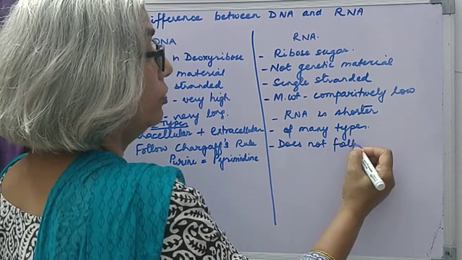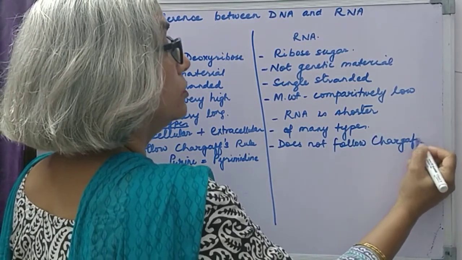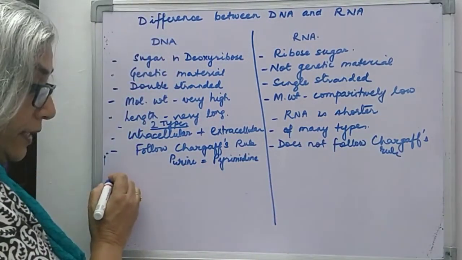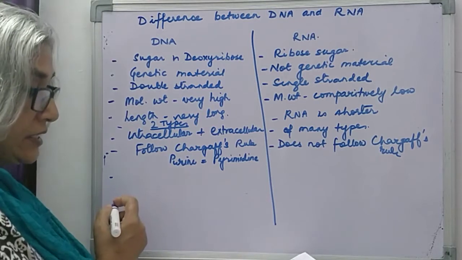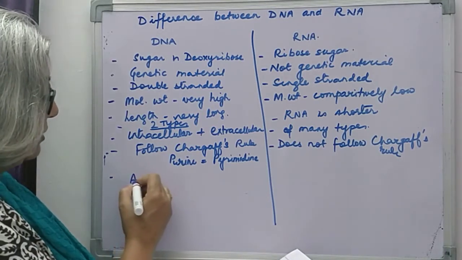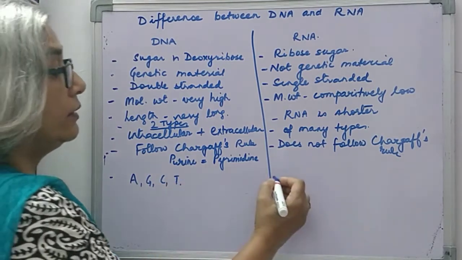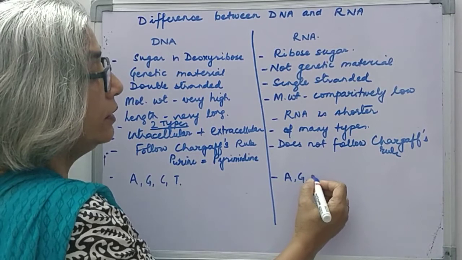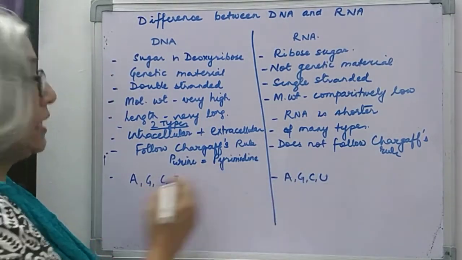RNA does not follow Chargaff's rule. Then the next difference: in DNA the nitrogenous bases are adenine, guanine, cytosine and thymine. In RNA the nitrogenous bases are adenine, guanine, cytosine, and in place of thymine, uracil is present.